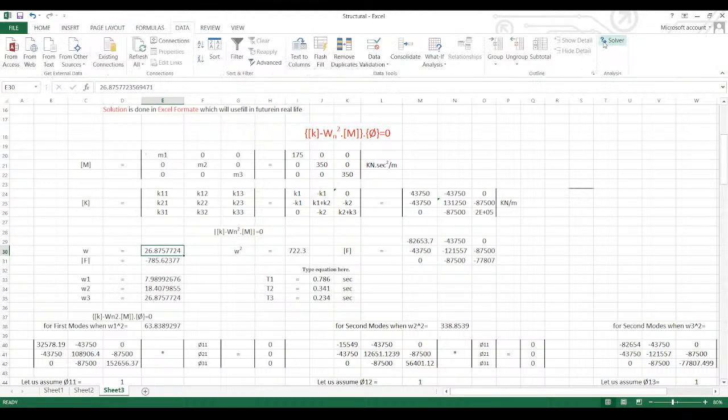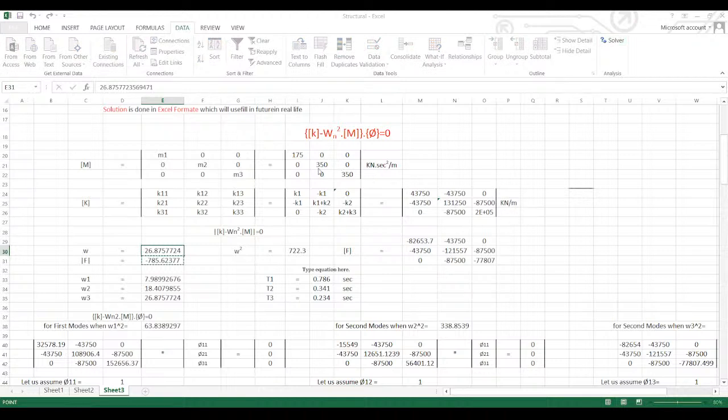Using the solve function, we put the objective as the F matrix determinant equal to 0, and the changing value is omega, which we have to calculate. Press solve and you get the first value.